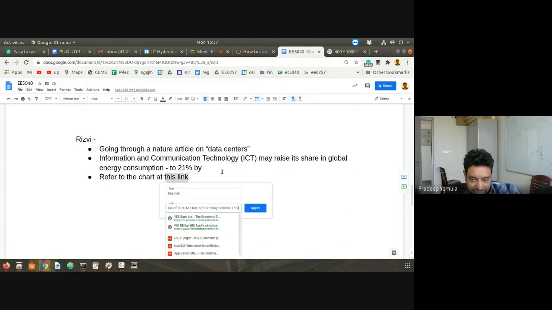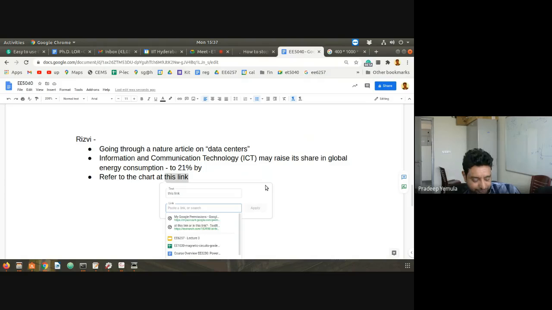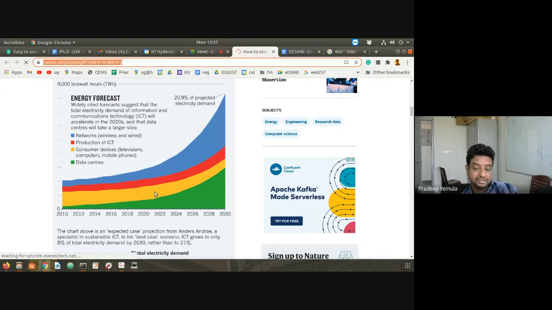So one thing is we got confirmation that data centers in 2020 consume about 400 TWh. It is always a good exercise to confirm your knowledge from different sources.